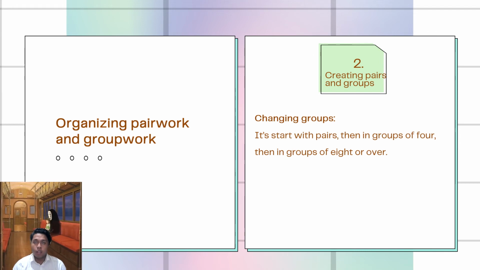So we can grow the groups by changing groups, and then we can widen the topics or the tasks to see what the students' ability can do with organizing pair work and group work. So that's it for my material, and the presentation is going to be continued by Piona.